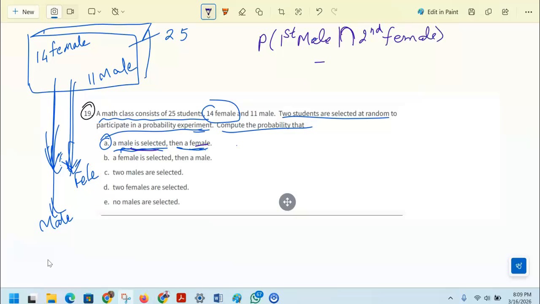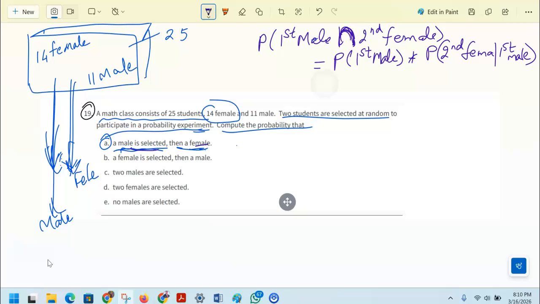This basically means the probability that the first one is male, times the probability that the second one is female when you know that the first one was male. This is how I'm writing this in words because it makes sense.